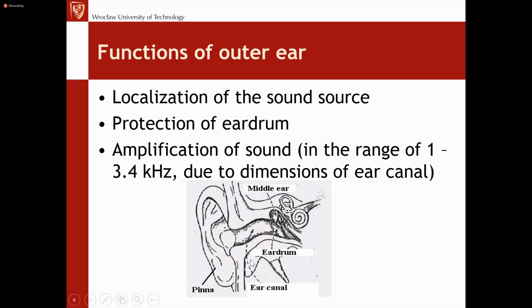So this range of frequency boosts and improves some kind of pronunciation and some kind of formants responsible for good understanding, mainly of speech.